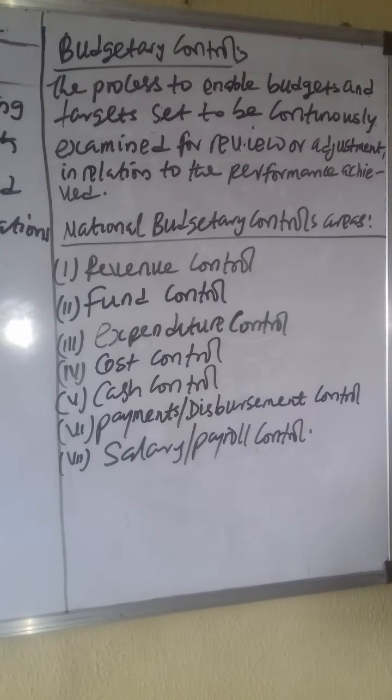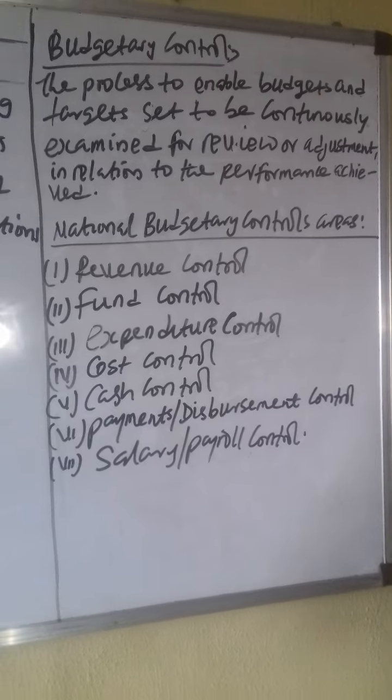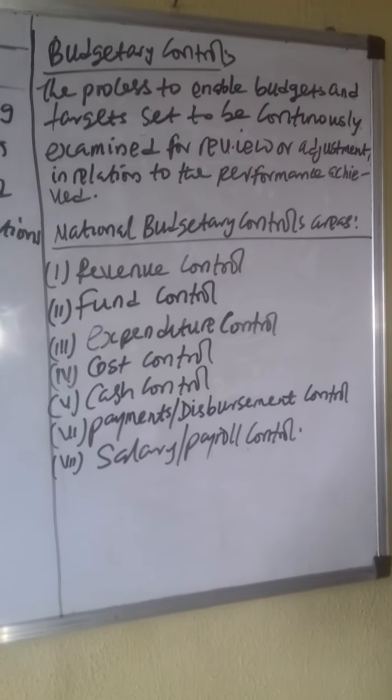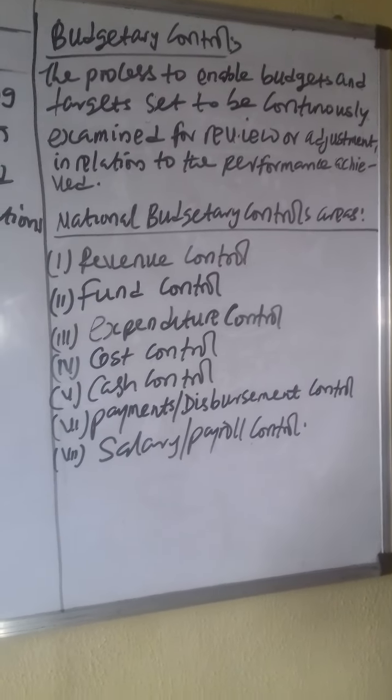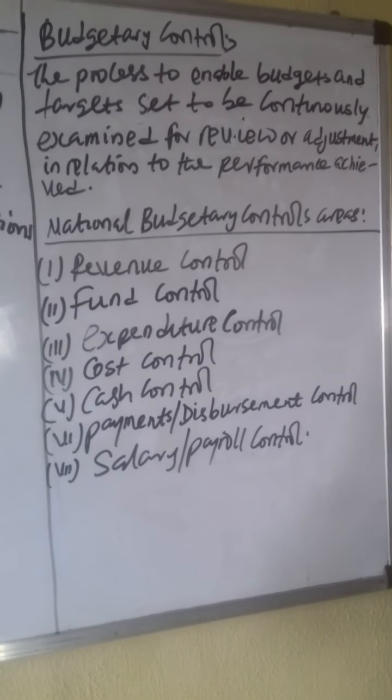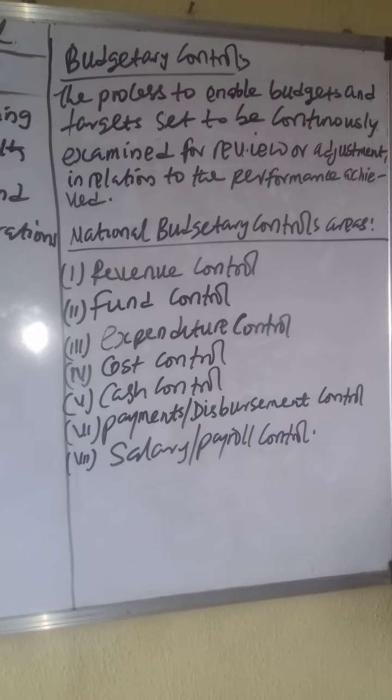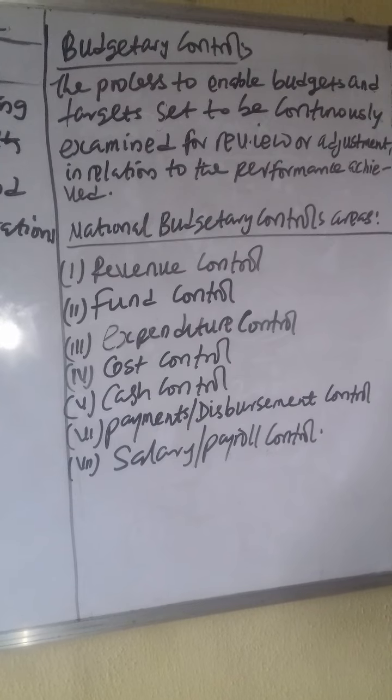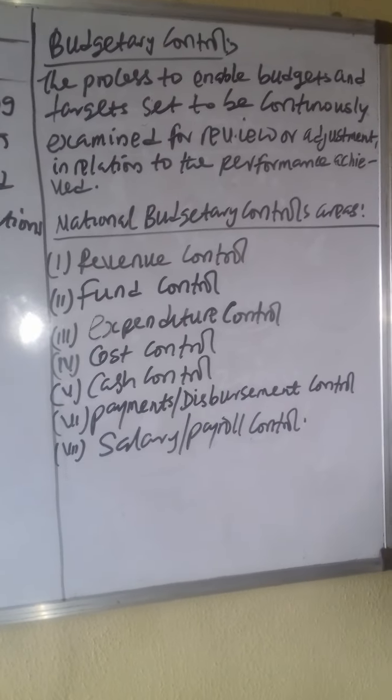I know we have the development fund, we have the consolidated revenue fund, and all the funds in government. A fund is an accounting entity in which resources are kept for a particular usage.